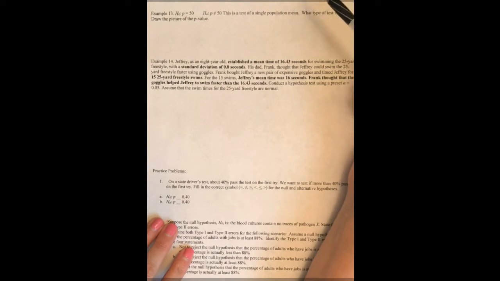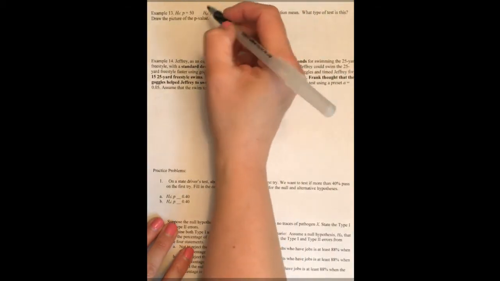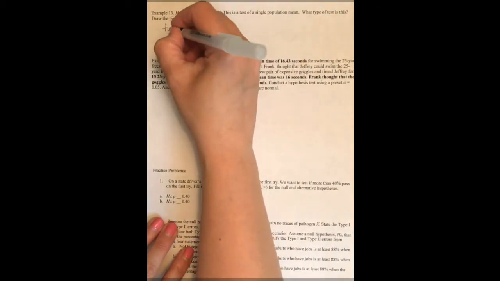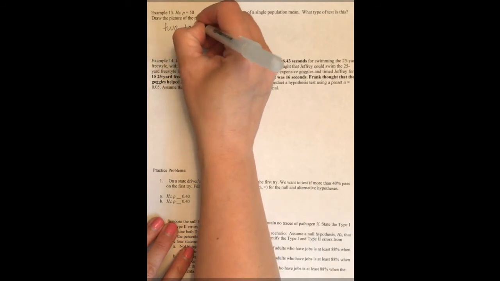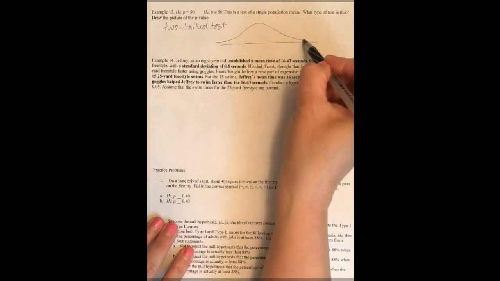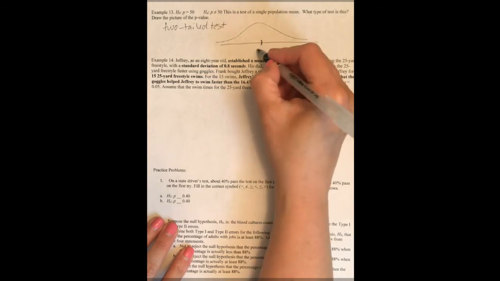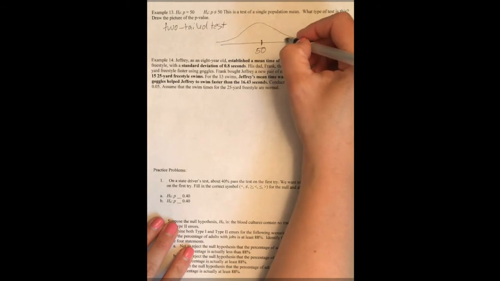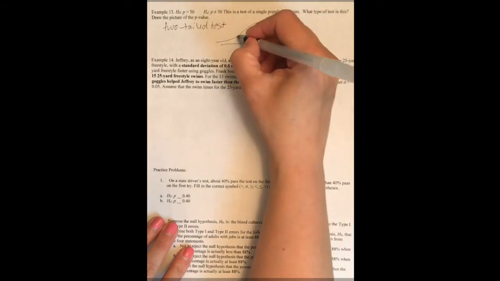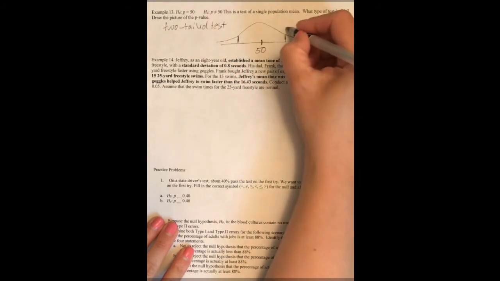So the alternative hypothesis tells us that this is a two-tailed, okay, the not equal. So this is a two-tailed test. We'll draw our normal distribution. This will be 50. And then, if you recall, we'll put our p-value.